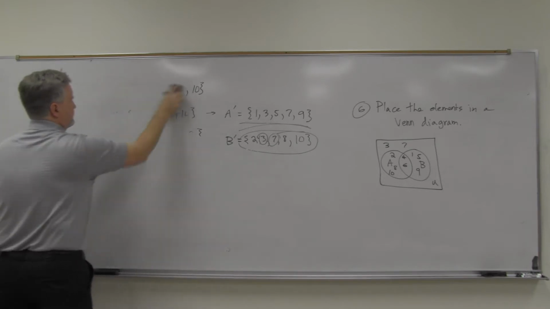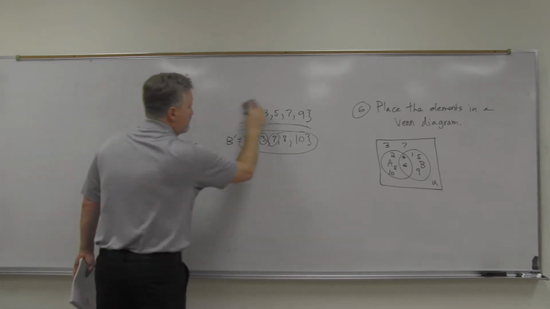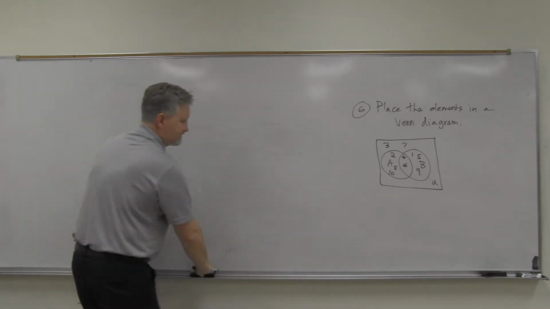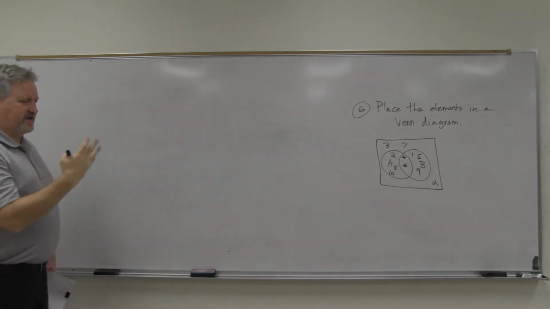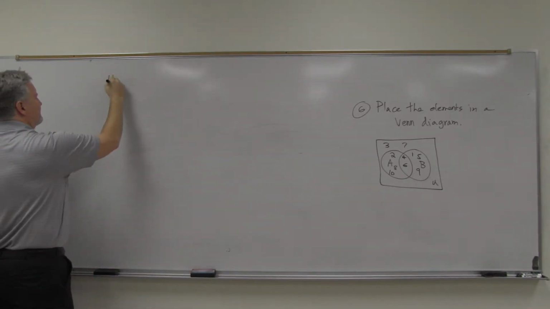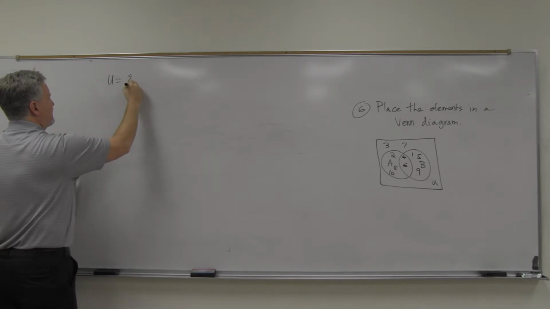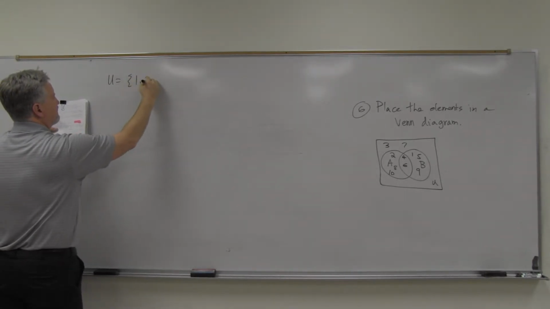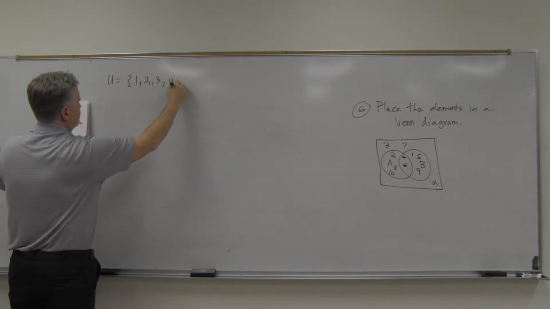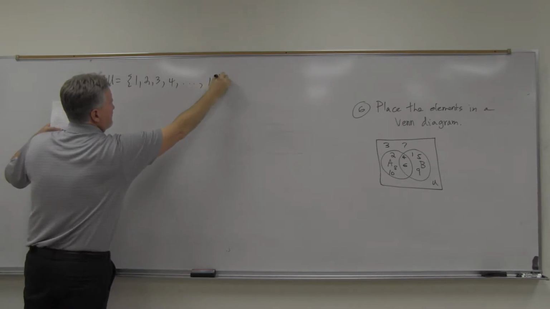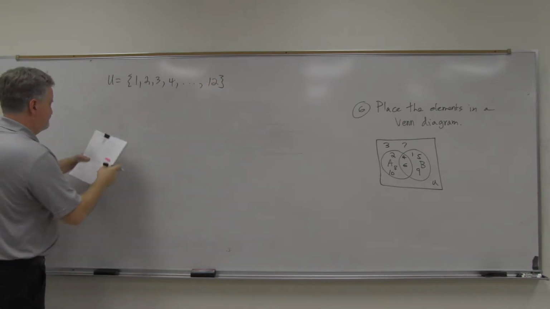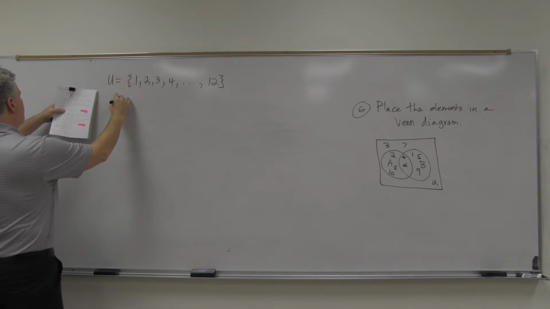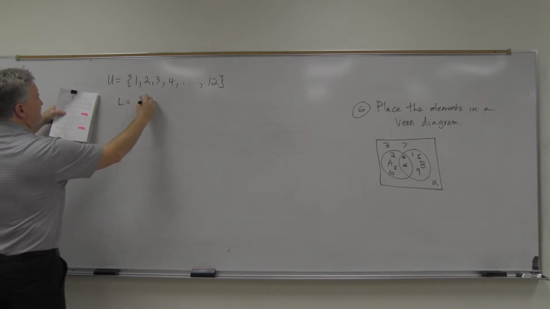Now let me do sort of the same thing, but let's get 3 sets here. Universal set and then 3 sets. All right. So in this case, let's do 1 through 12 for the universal set. Universal set can be whatever we want it to be. In this case, we'll go up to 12. All right, let's say set L is 1 through 6.